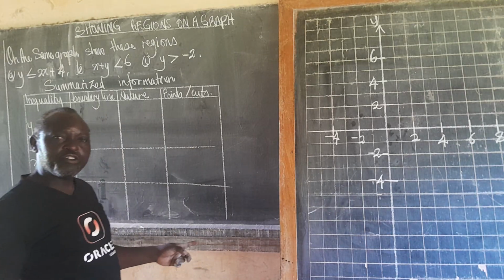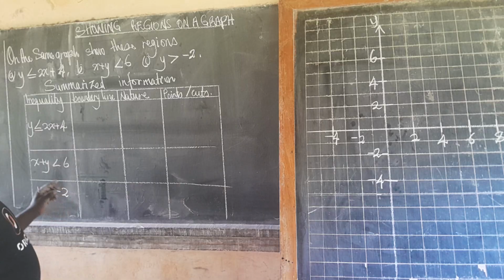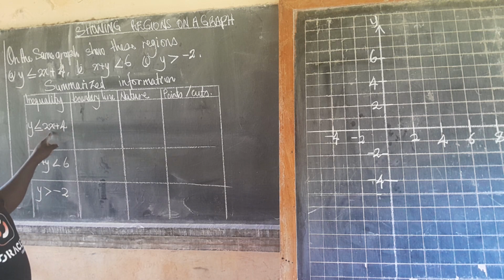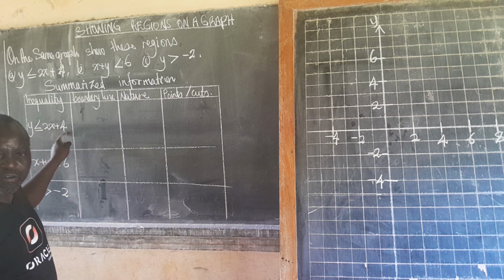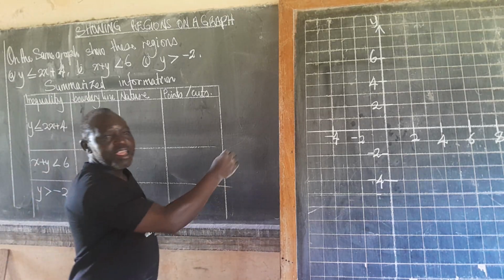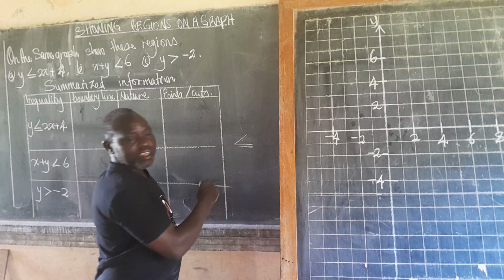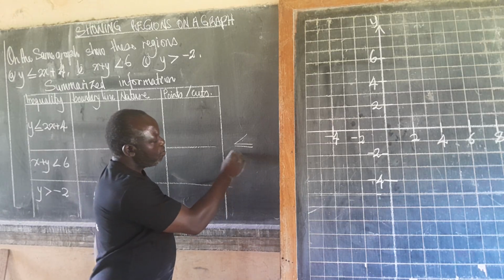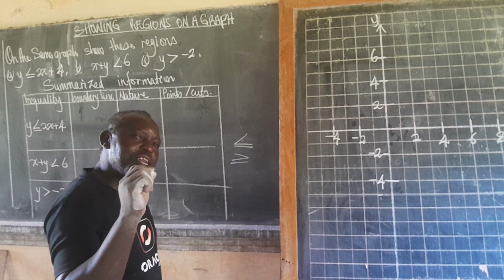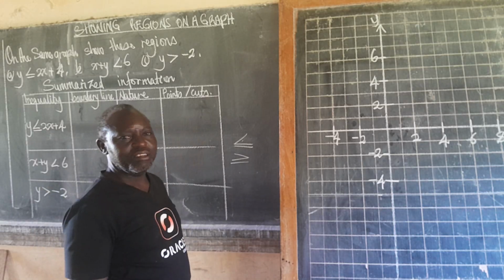Let us begin straight away with the first inequality, which is y is less than or equal to 2x plus 4. We say that when the inequality is either less than or equal to, or greater than or equal to, the nature of that boundary line has to be solid.